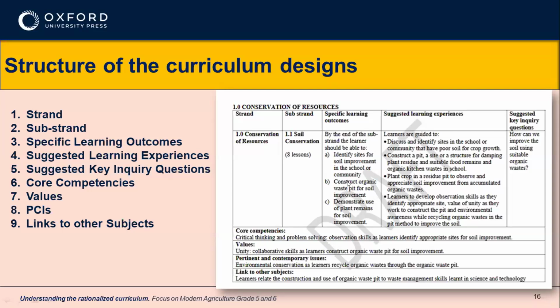So the teacher is not going to teach critical thinking and problem solving aside. As the activity goes on, these core competences are also being developed in the child. The values are being instilled in the child. On the same, we have the key inquiry question.